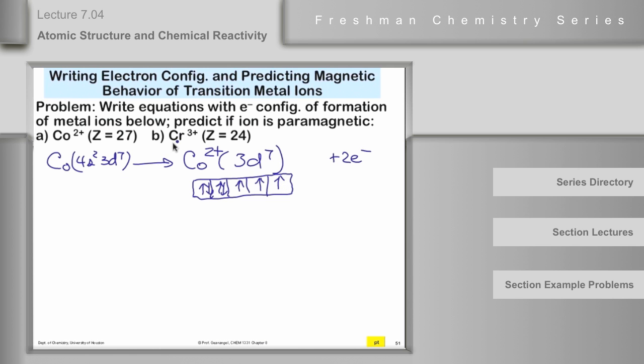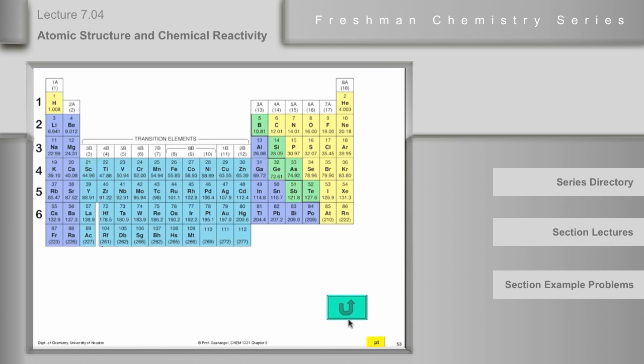Well, let's do this next one. Write down on your paper the valence electron configuration of chromium atom. Chromium atom is a special one. Maybe you'll remember it. Here's chromium. Z is equal to 24 right there. So write down its electron configuration, its valence electron configuration.